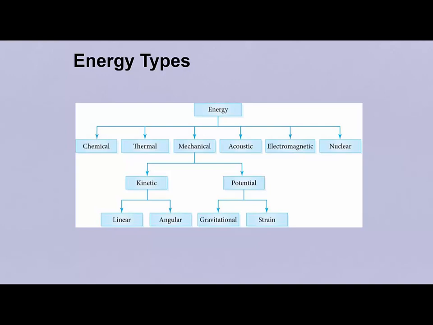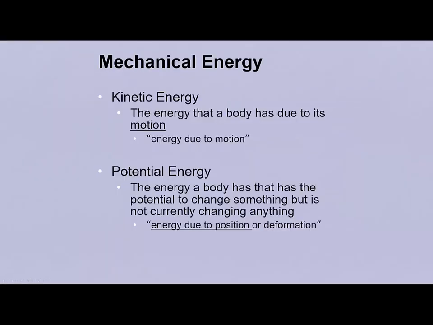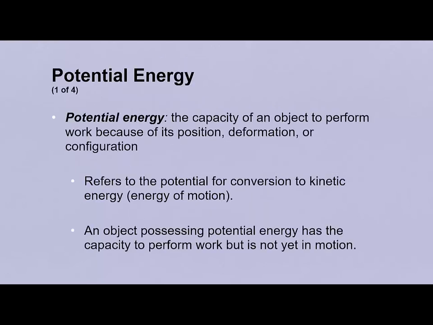And the two types of mechanical energy are what's known as kinetic and potential energy. Kinetic energy is the energy due to motion. So if an object is in motion, it has kinetic energy. Whereas potential energy is the energy of an object's position or deformation or configuration that has the potential to convert to kinetic energy.